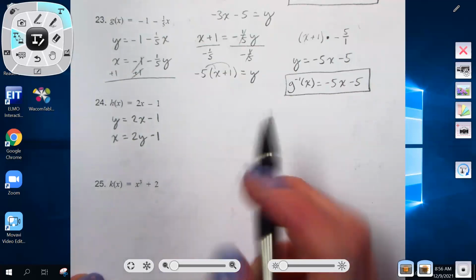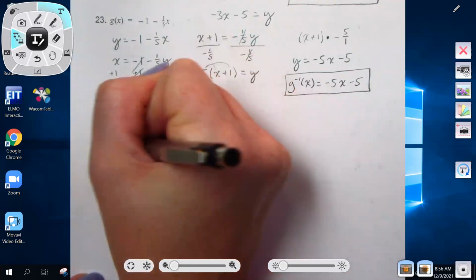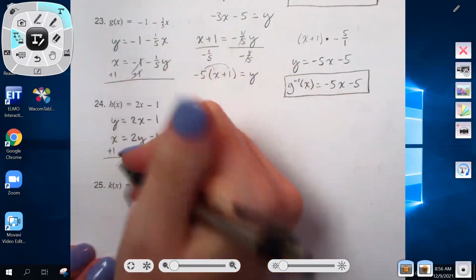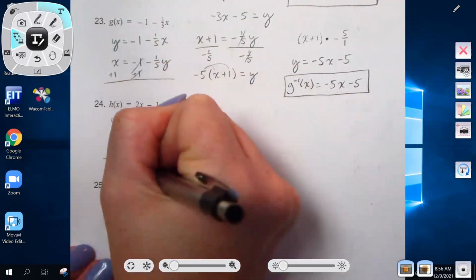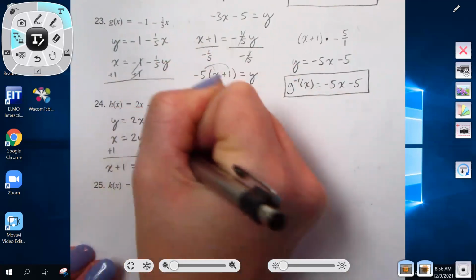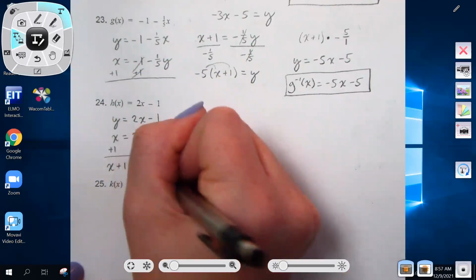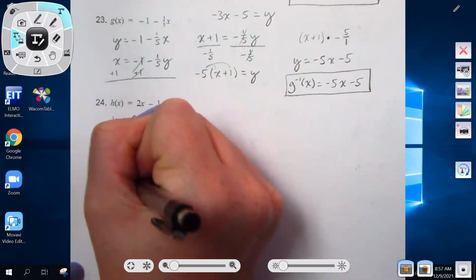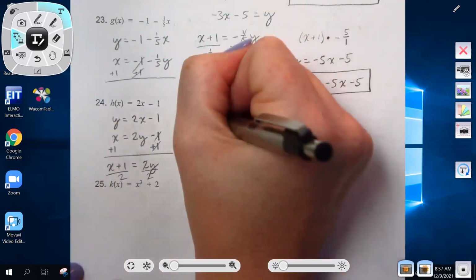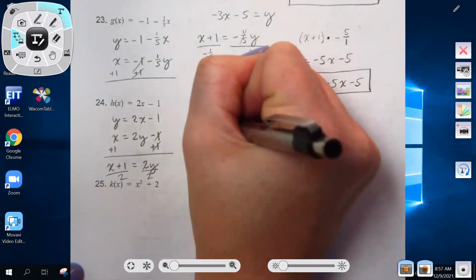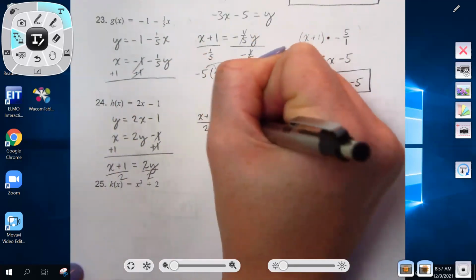So right now we have this minus 1. Let's get rid of that by adding 1 to both sides. X plus 1 equals 2y. Then to get y by itself, we just need to divide both sides by 2. So x plus 1 over 2 equals y.